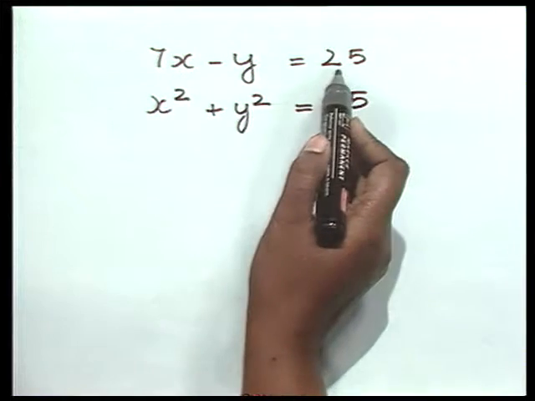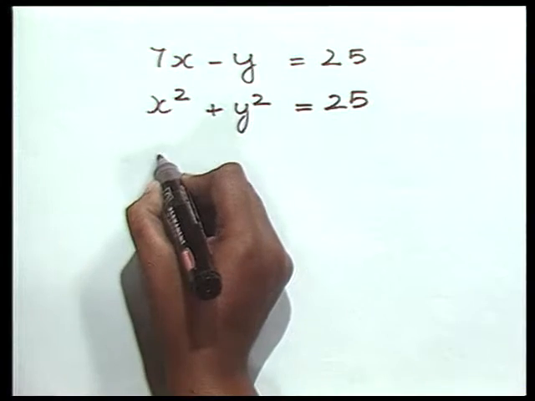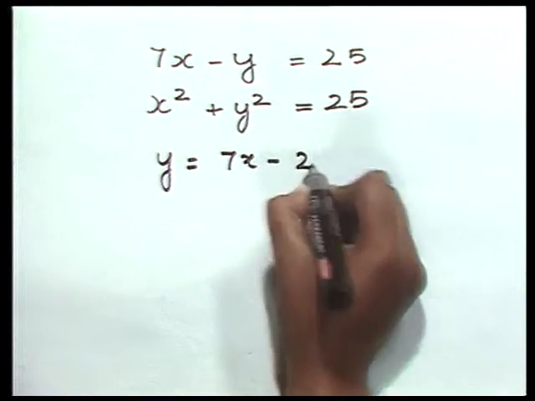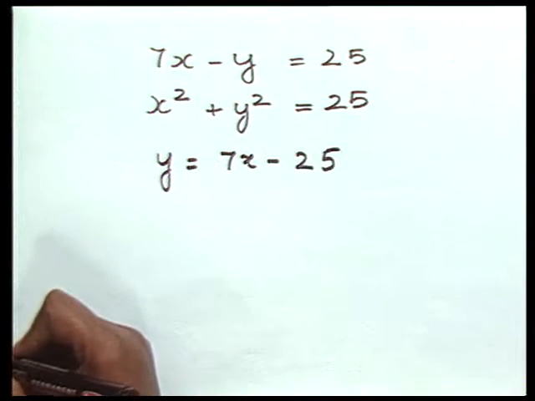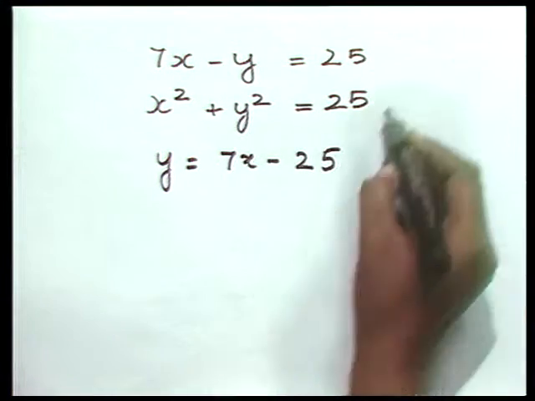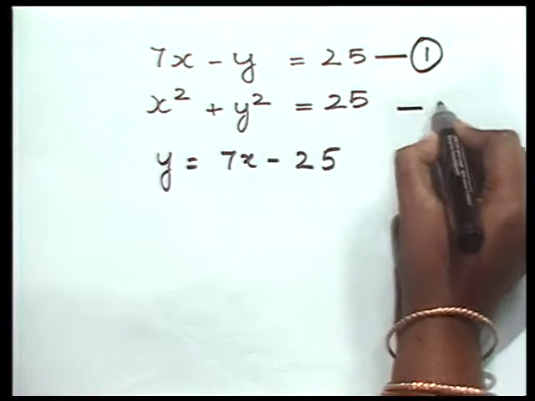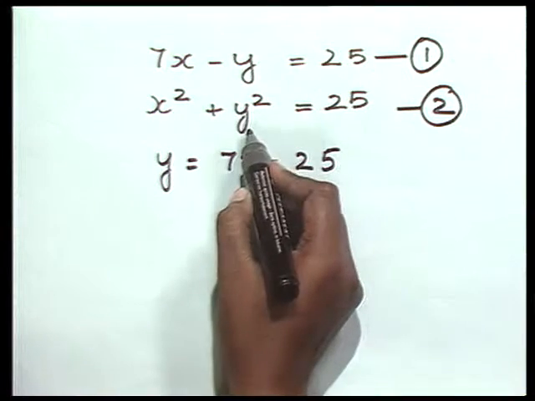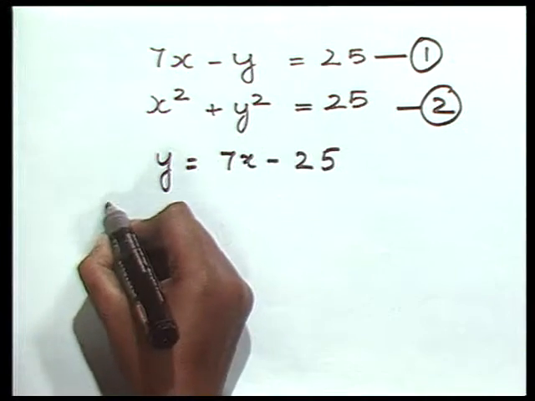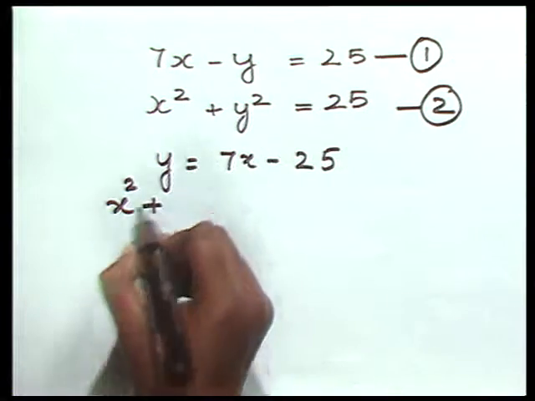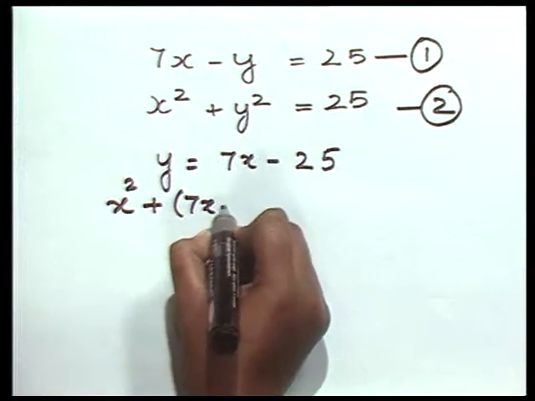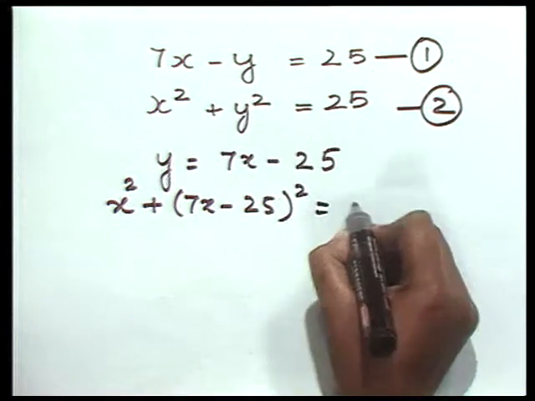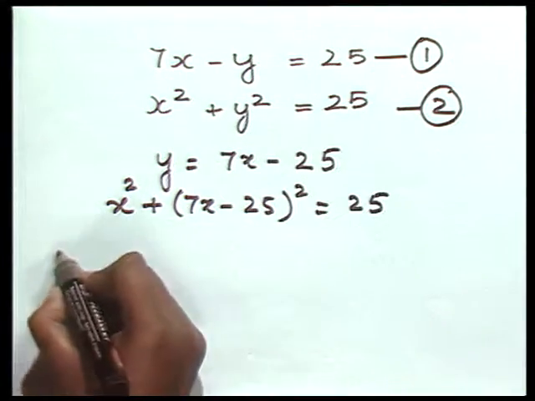From the first equation, that is the equation of the line, we get y is equal to 7x minus 25. Suppose this is equation 1 and this is equation 2. Substituting this value of y in equation number 2, that is the equation of the circle, we get x square plus (7x minus 25) whole square is equal to 25.